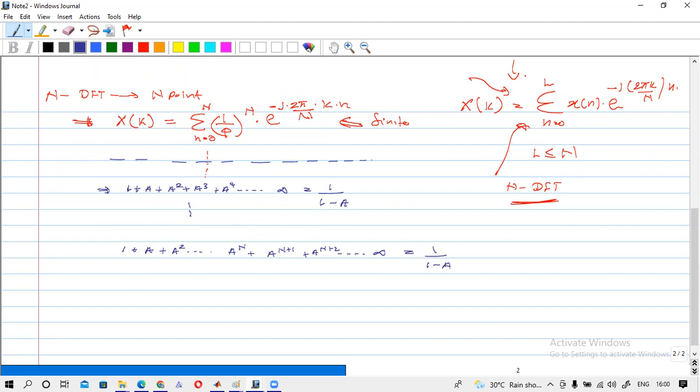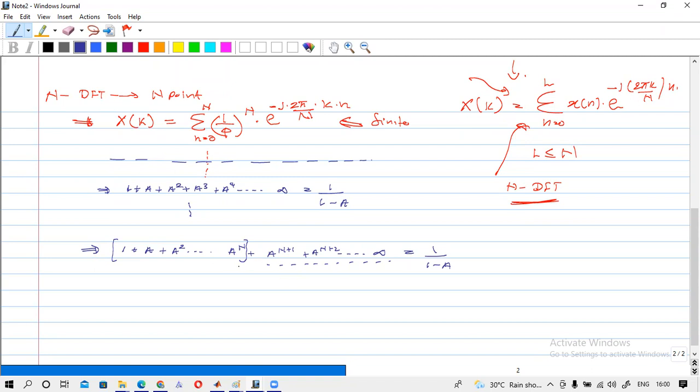I don't know this n value; it may be 10, 12, 13, 14, 100, 10,000, any value. Anyway, I can write the power series this way. Here I need the values only up to here. These other values I don't need, so I have to remove them.